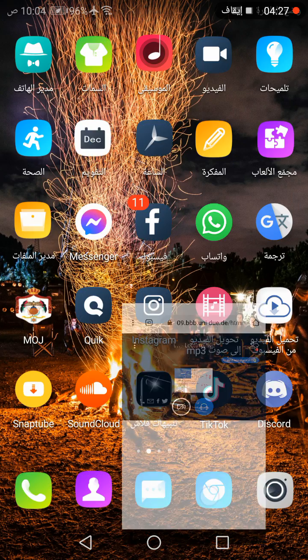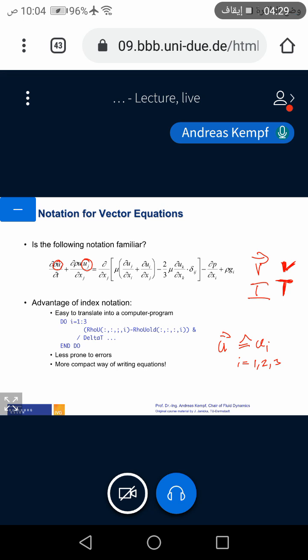So here we have an expression to calculate the change in momentum. Rho u might be a computer program calculating rho times u, so momentum. And this has different components. It would have 3 components. So you have a field depending on x, y, and z for the x component, for the y component and z component, or in other words, for the first, second, and third components. And now you can just loop through these components like this. So index notation is a very natural notation if you want to move things on a computer. And with turbulence, we want to move things on the computer.